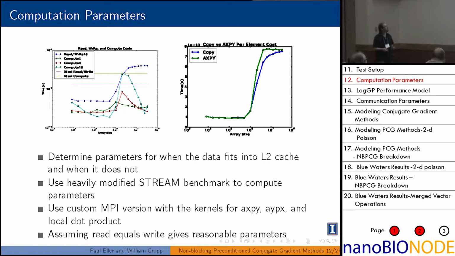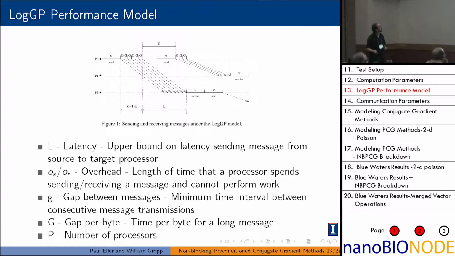This is something we need to look into a bit, but if you look at the cost of these stream computations, you can see that for smaller array sizes, the copy and the AXP are pretty similar, and they're fairly similar for the largest, but in between there's a big gap. And basically that ends up going into the compute cost. So that's something we'll need to look into a bit more.